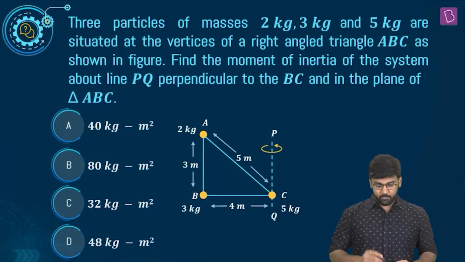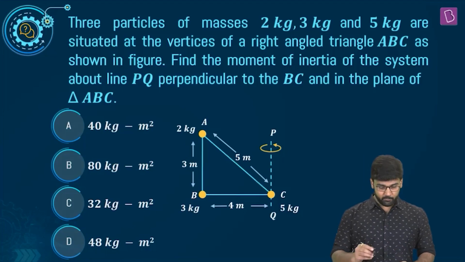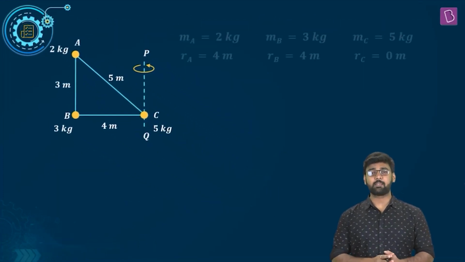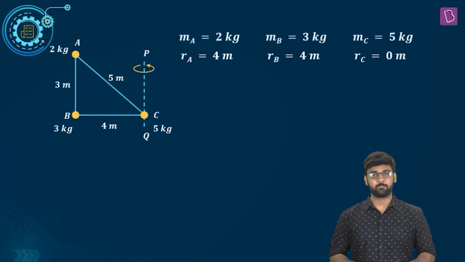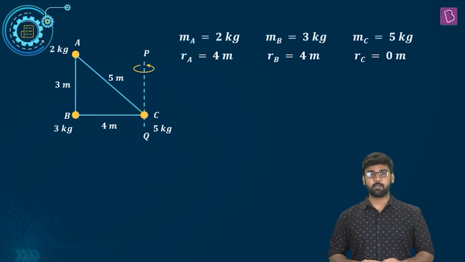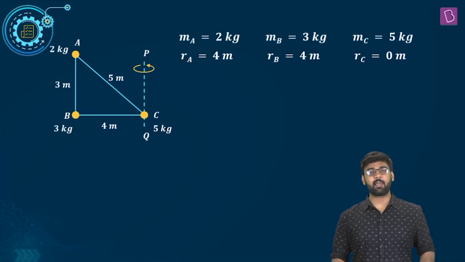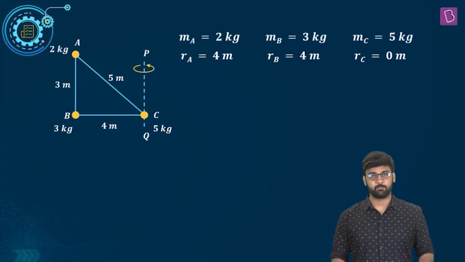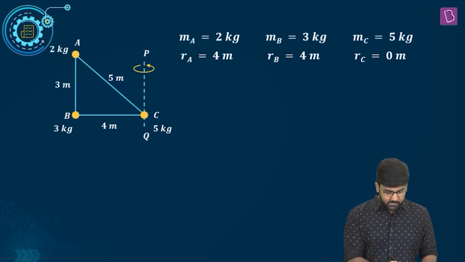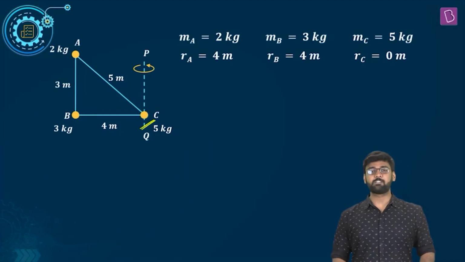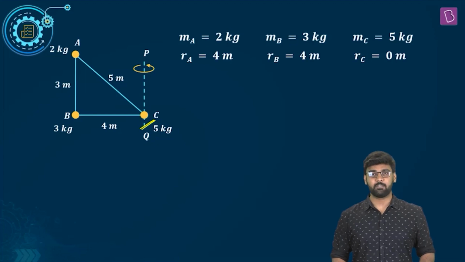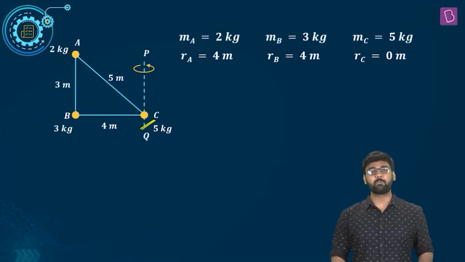Now, we need two things to calculate the moment of inertia, which is mass and the perpendicular distance. Now, for these 3 point masses, the masses are given to us and we can easily calculate the perpendicular distance from the axis of rotation. You can see for mass 5 kg, which is placed at point C, the distance from the axis of rotation is 0.